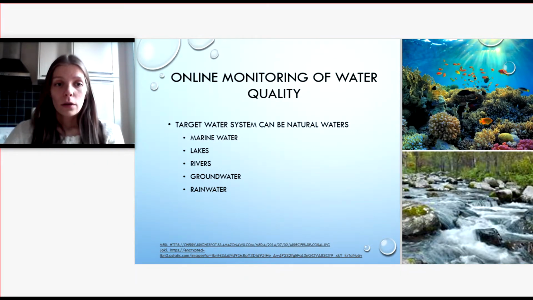Online monitoring can be used to monitor natural waters such as marine waters, lakes, rivers, groundwater and rainwater. There are small differences between these systems for different waters, and that is because different water systems have different conditions.